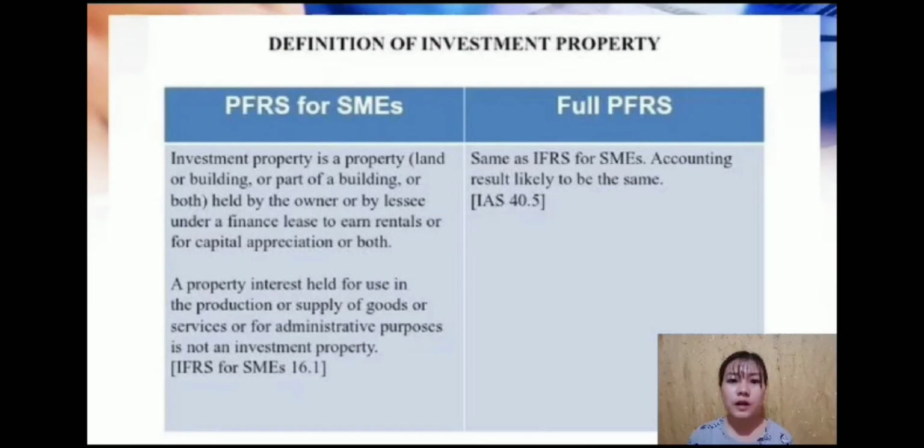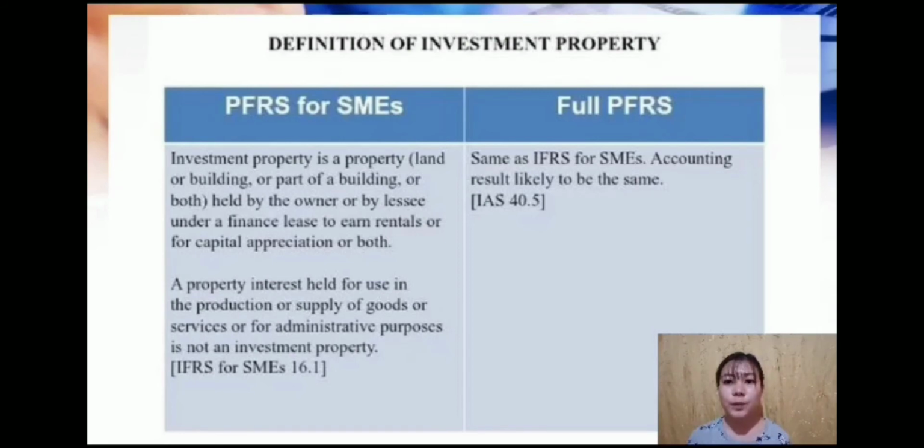Under PFRS for SMEs, investment property is property, land or a building or part of a building or both, held by the owner or by a lessee under a finance lease to earn rentals or for capital appreciation or both. A property interest held for use in the production or supply of goods or services or for administrative purposes is not investment property.